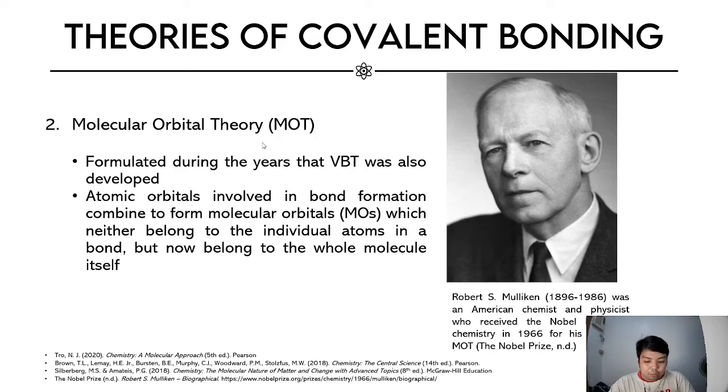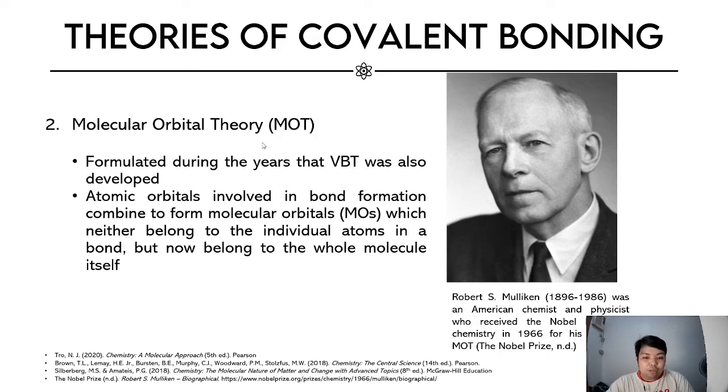Now, in the molecular orbital theory, unlike the valence bond theory, the atomic orbitals actually combine. They do not simply overlap, but rather combine to form molecular orbitals wherein the bonding electrons reside and now belong to the molecule itself, and not just to the individual atoms.